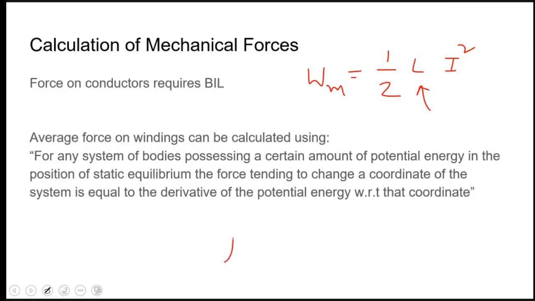Force in magnitude is the partial derivative, dou Wm by dou G, where G is the particular coordinate direction in which you are interested to find the force. We use partial derivative because it is not a full differentiation over all the variables.